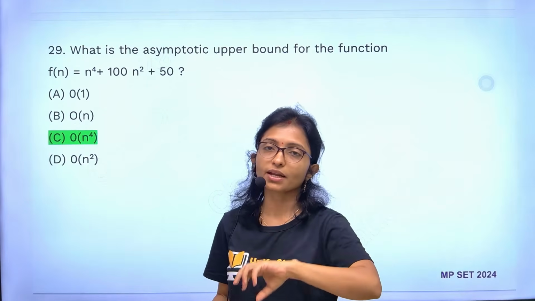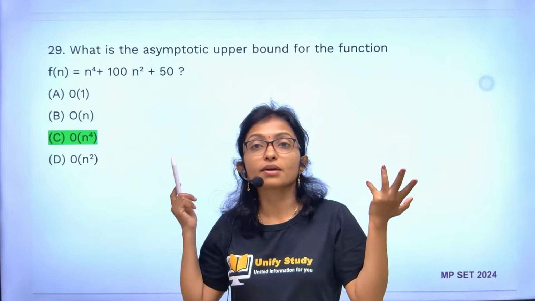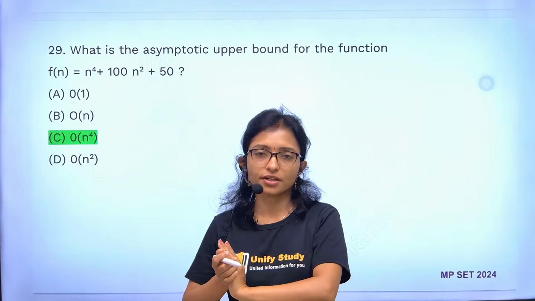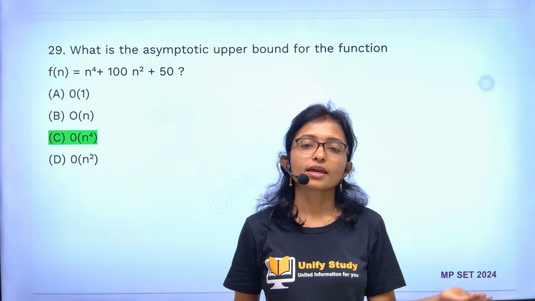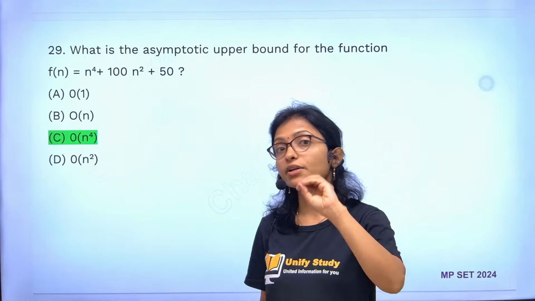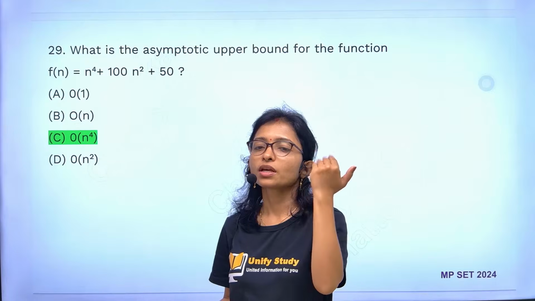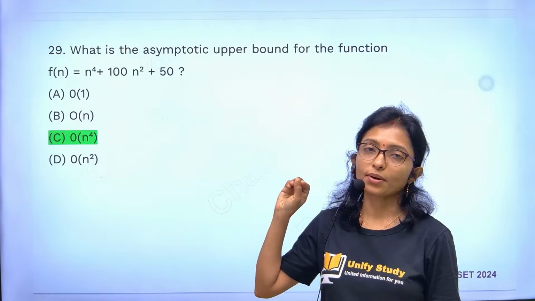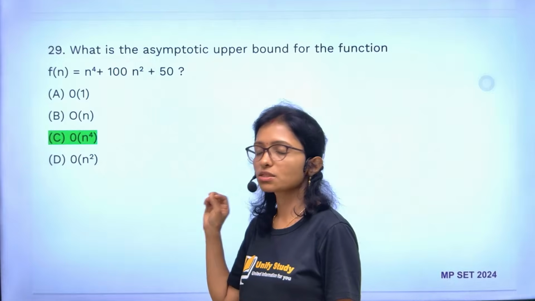What is the maximum time required to execute it? Our upper bound and lower bound can be the same also. It's not that upper bound and lower bound will always be different. Many times you will see upper bound and lower bound are the same. If any program is given, it will be easy to understand: it is running one time, it is not depending on n, fixed, it will always run one time. So this is about upper bound and lower bound, where we use big O and omega. Upper bound means big O and lower bound means omega.